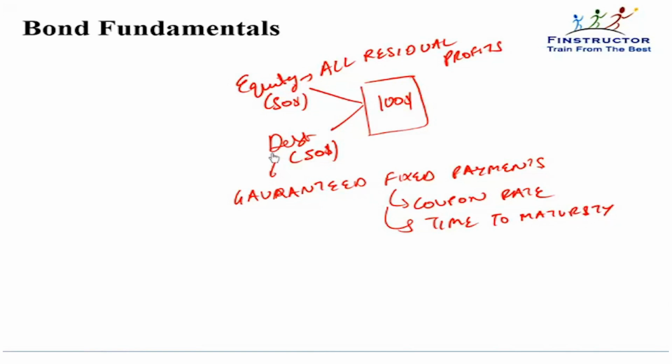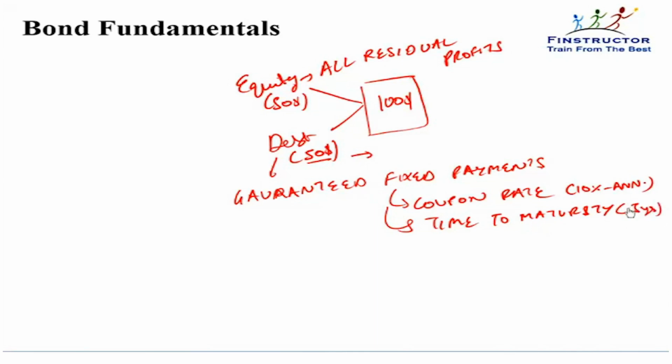Let's say, for instance, that this debt, which had a par value of $50, has a coupon of 10%, which is paid annually, and has a time to maturity of 3 years.